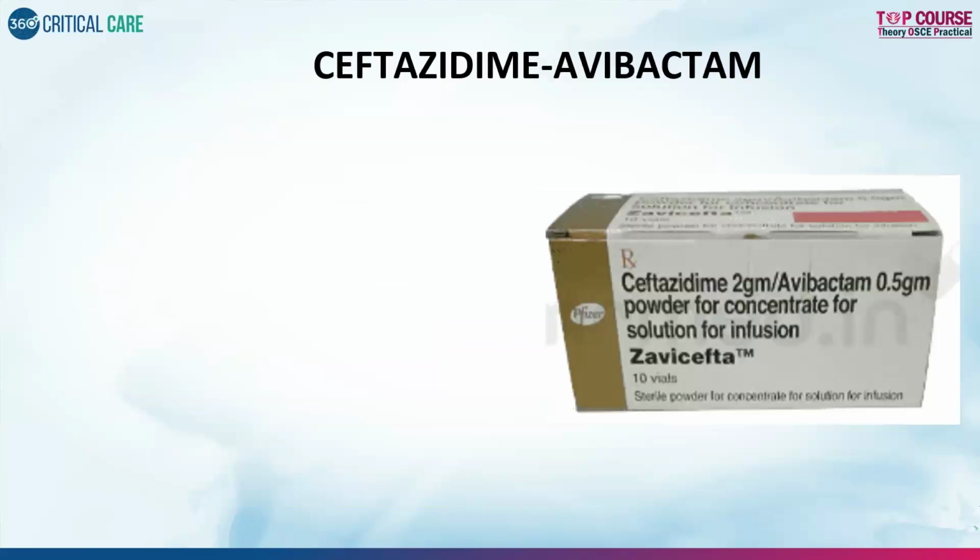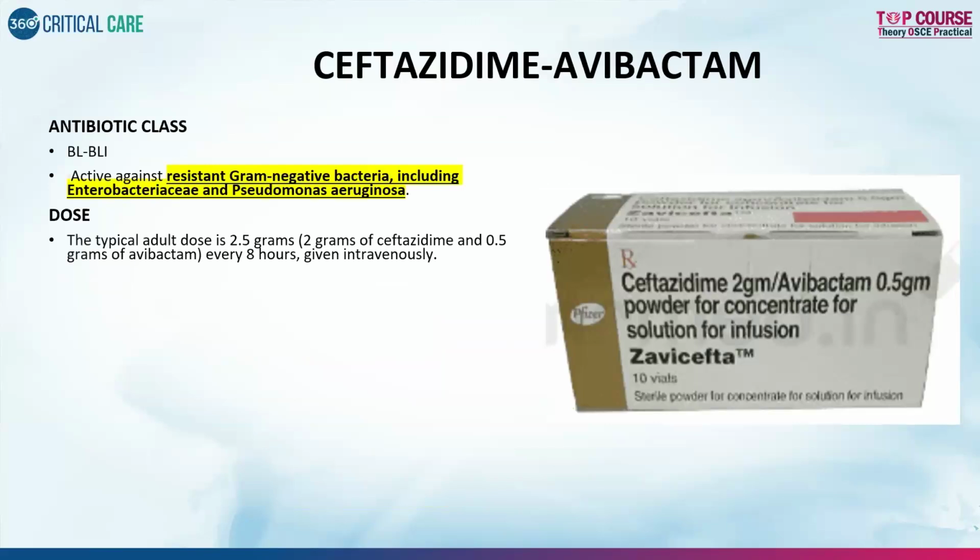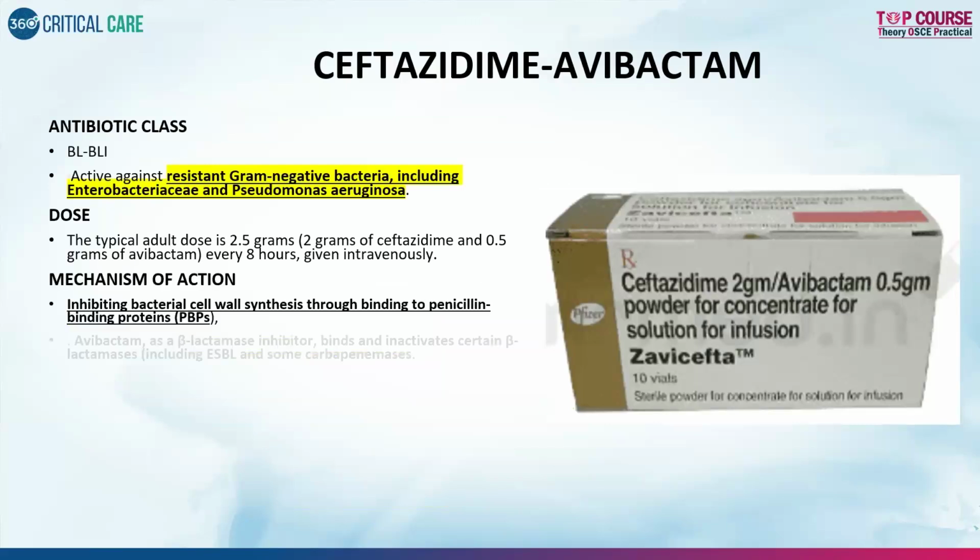This, I think you guys can answer, right? MDR, CROs, you can use this. What is the dosing? How does it act? It's a BLBLI, effective against gram-negative bacteria, including Enterobacteriaceae and Pseudomonas aeruginosa. 2.5 grams 8th hourly is usually the standard dose. It consists of 2 grams of ceftazidime and 0.5 grams of avibactam.